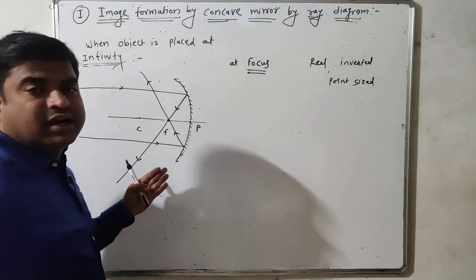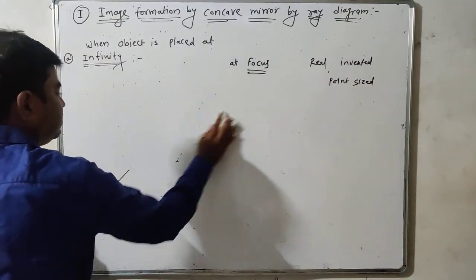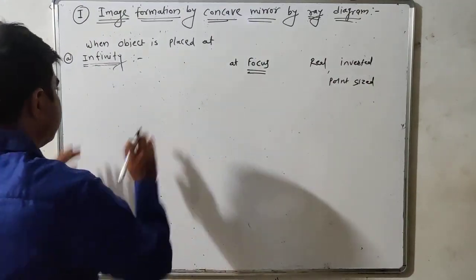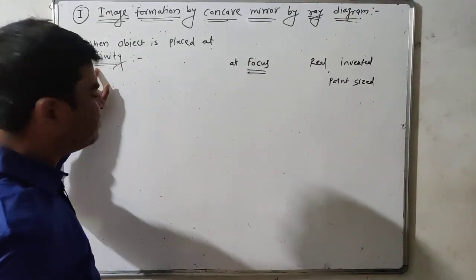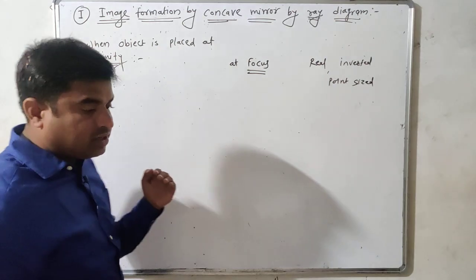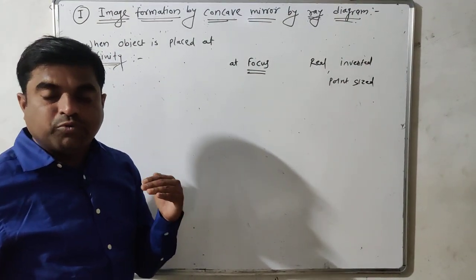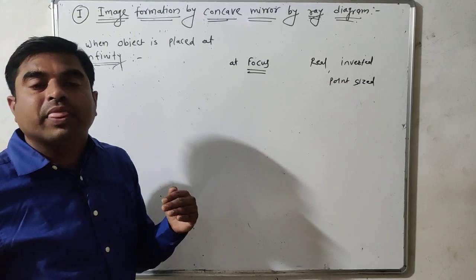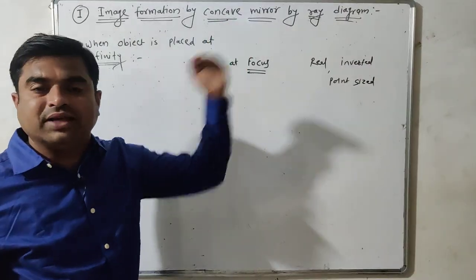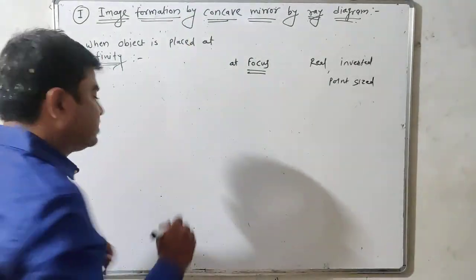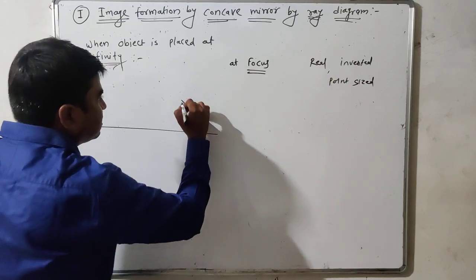Let us again understand this also by taking another example. Now student, if we consider the position of the point object at infinity, but the point object is not located along the principal axis. It is located slightly above the principal axis. It is above the principal axis. So we draw here the principal axis.